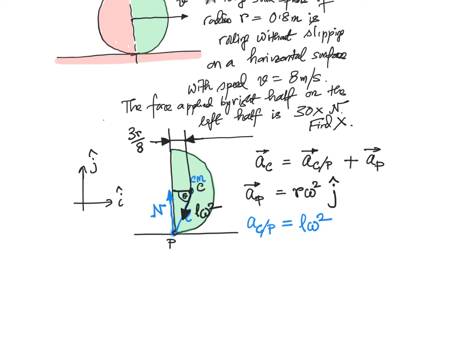So this is L omega square cos theta, and this downward component is L omega square sin theta.